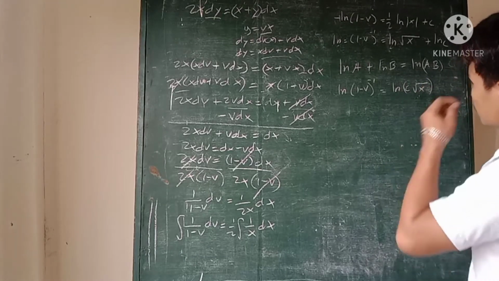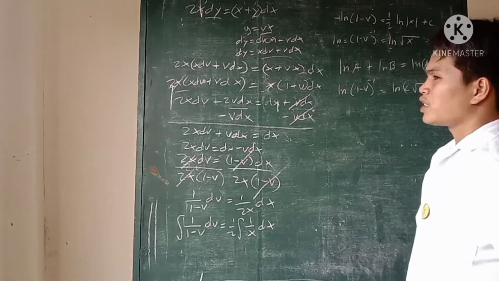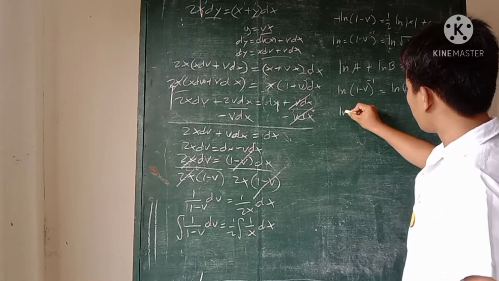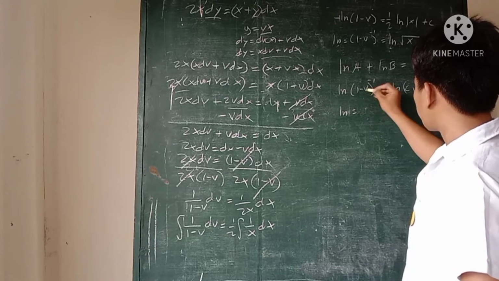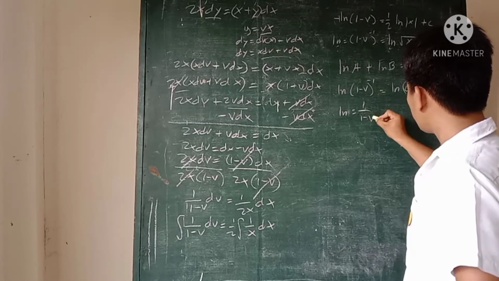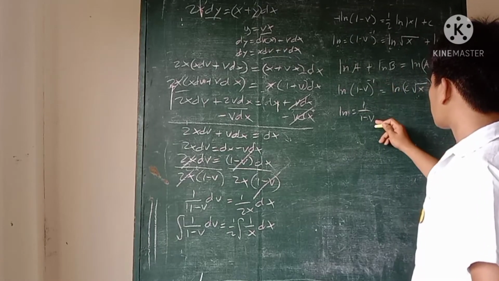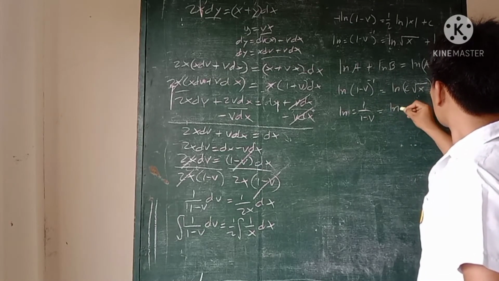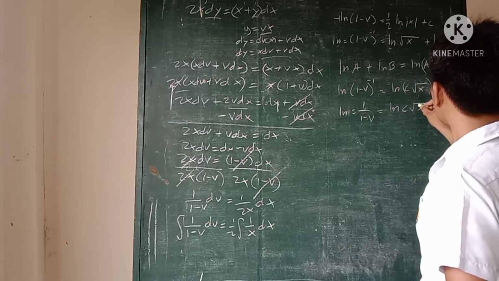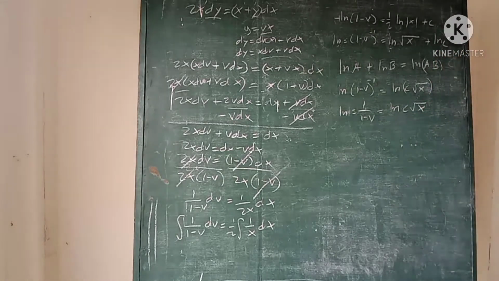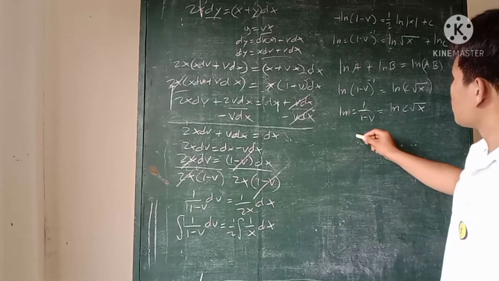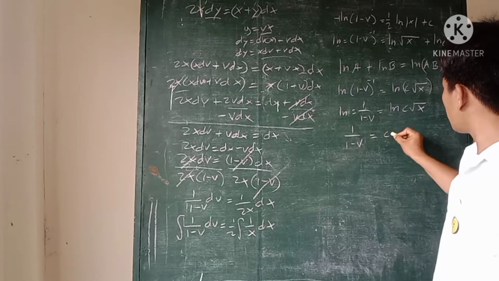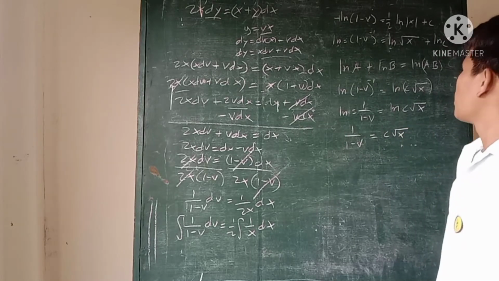So next, we can change this into positive. We can bring down this to 1 over 1 minus v so that the exponent becomes positive, equals ln c square root of x. Since they are the same, 1 over 1 minus v equals c square root of x.